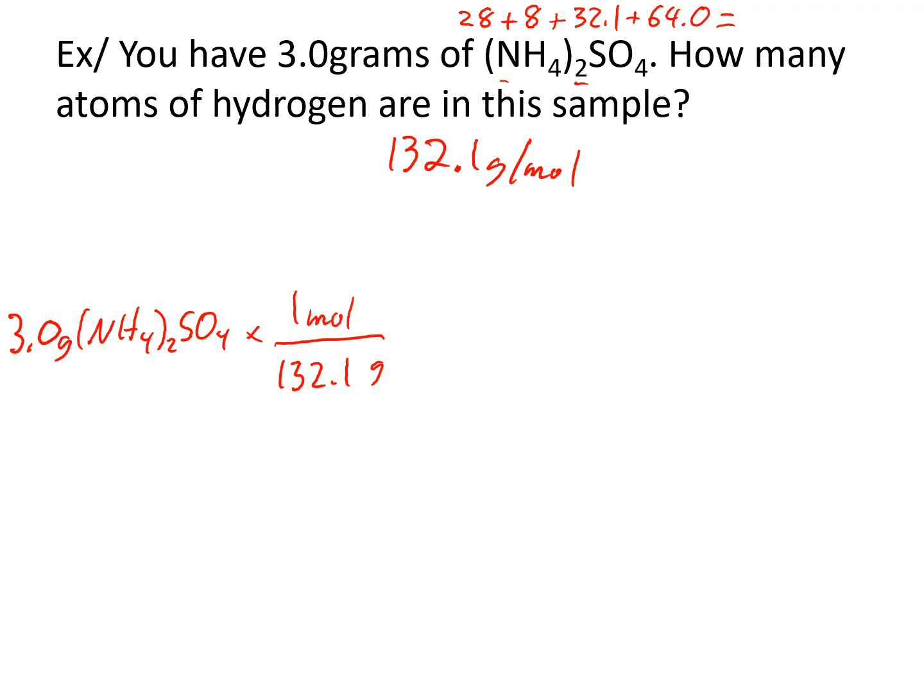And so now I have moles of ammonium sulfate. Okay. I want to get into particles of this stuff. So I want moles to cancel out. And that's going to be equal to 6.02 times 10 to the 23 particles.